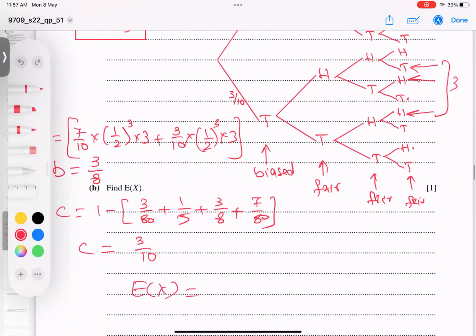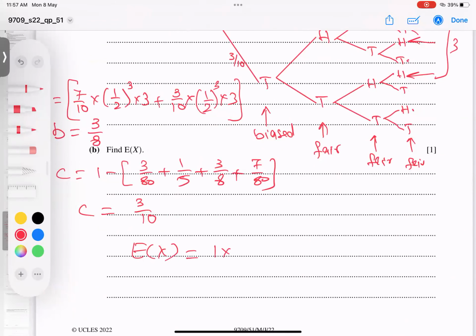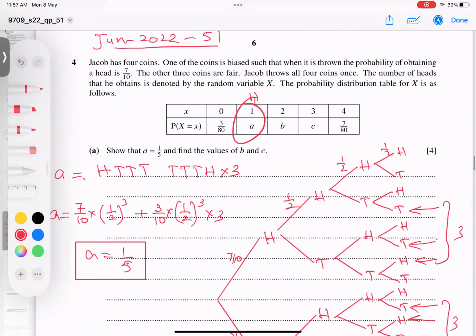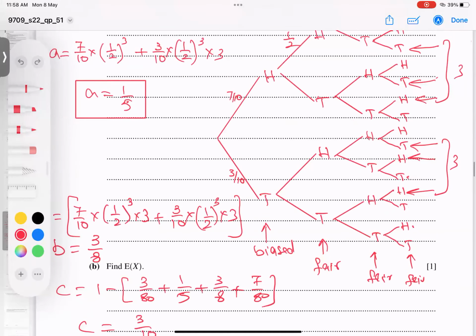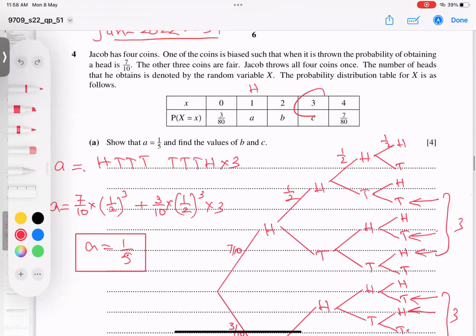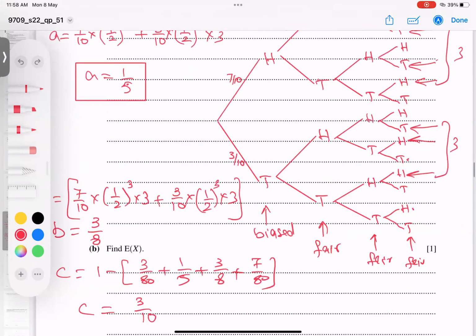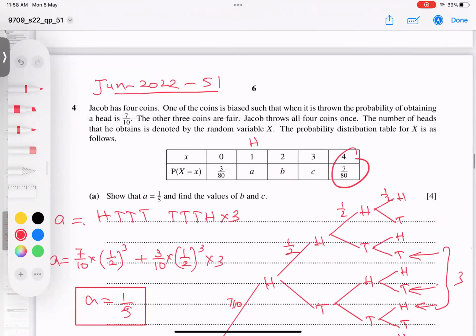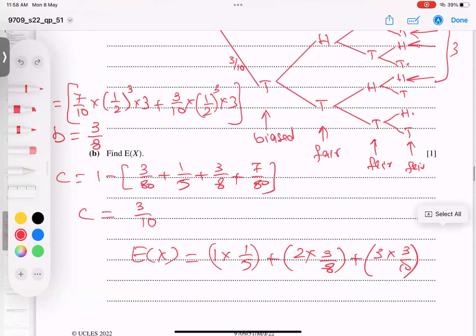So 1 times 1 by 5, plus 2 times 3 by 8, plus C is 3 times 3 by 10. Let me recheck. 1 time to A, 2 times 3 by 8, correct. And 3 times to C value, 3 times 3 by 10. Last, 4 times to 7 over 80.